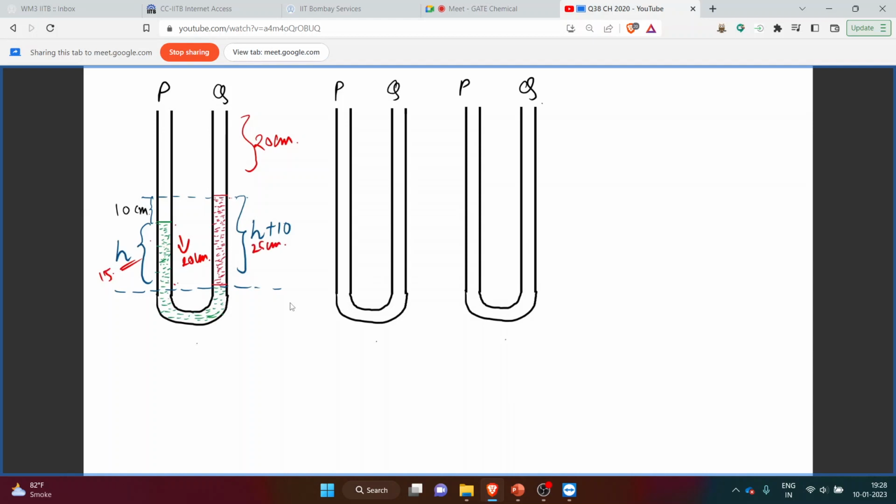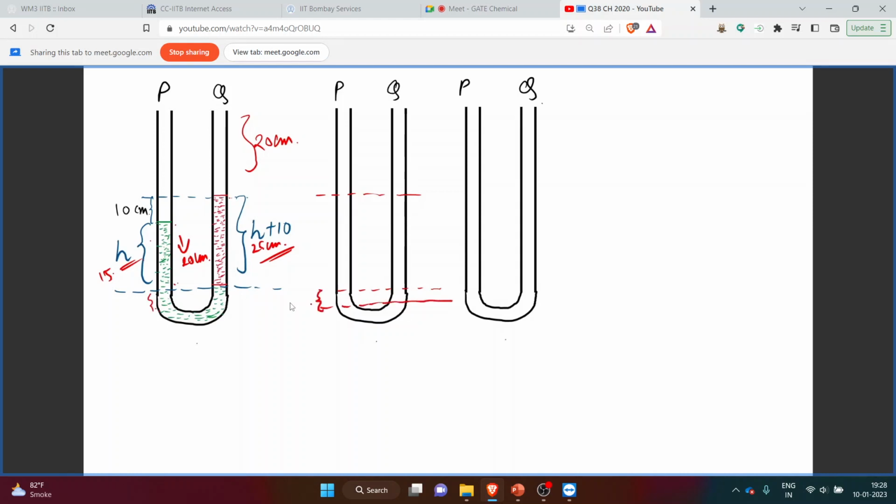This was 25 centimeter. So let's draw a schematic for this case, for which the height is increased by 20 centimeter. This was our initial reference that we had considered. Now, since the level will decrease by 20 centimeter on this side, the new reference will lie 15 plus 5, that is 5 centimeter below this surface.